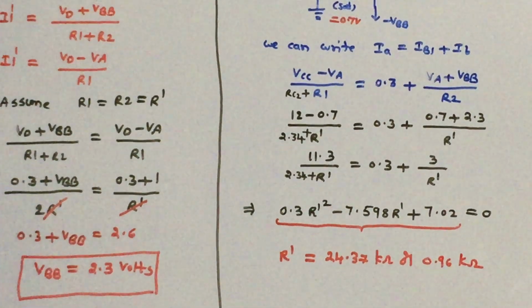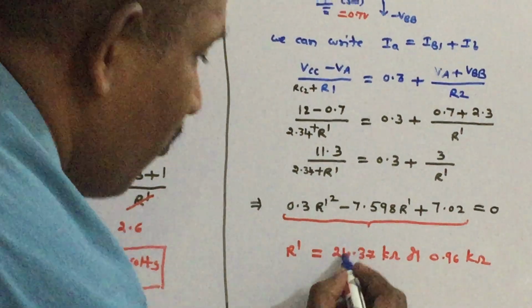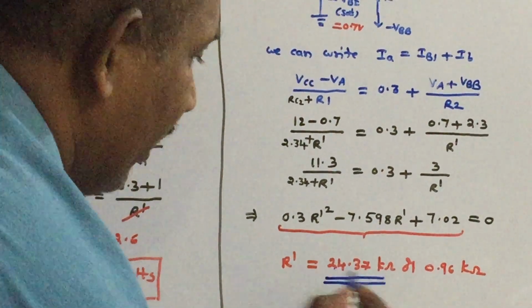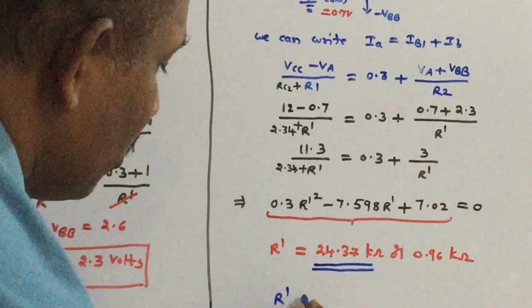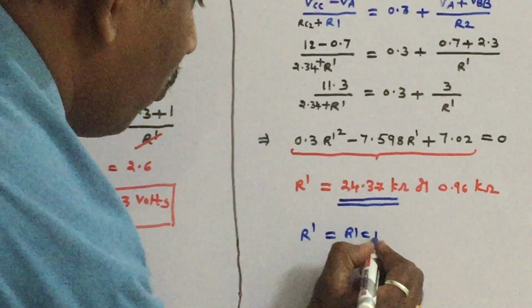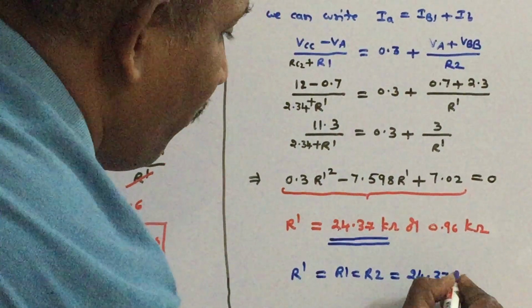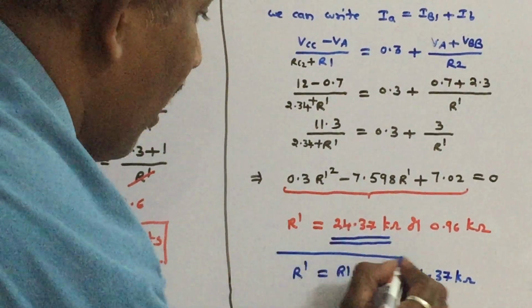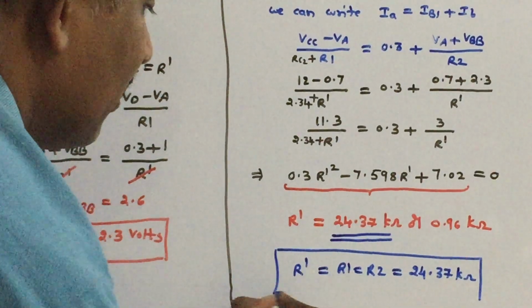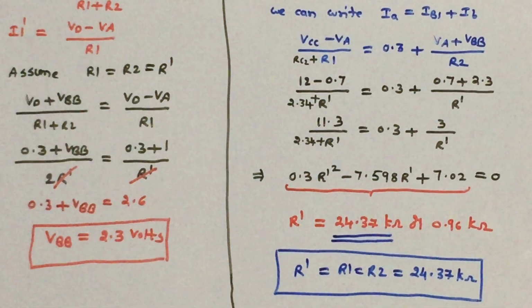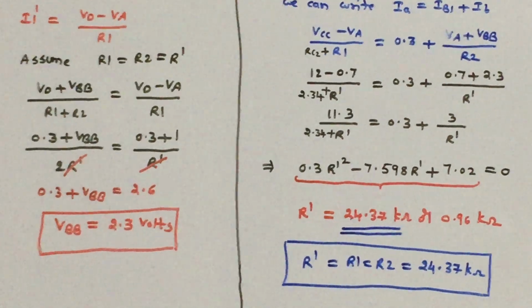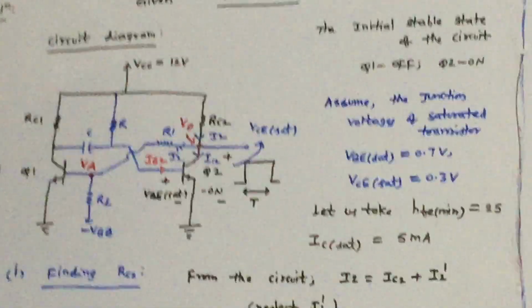Remember that we always have to take the highest value. Therefore R dash is equal to R1 is equal to R2 is equal to 24.37 kilo ohms. This is the answer for this problem, a previous examination question. Thank you.